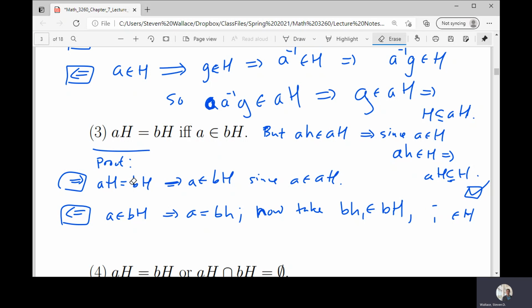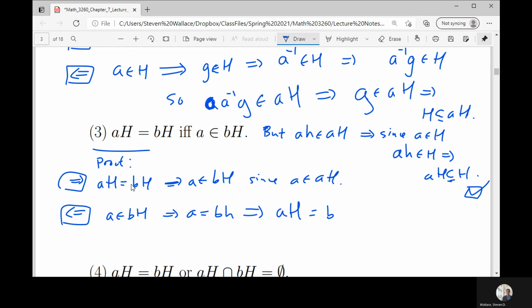So that means that everything, all right, pardon me. Okay, so this means that everything in AH is of the form BH, big H, right?